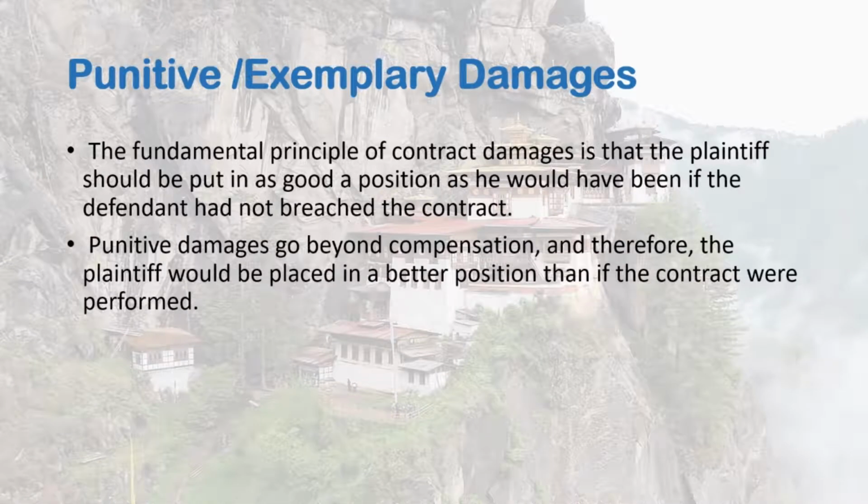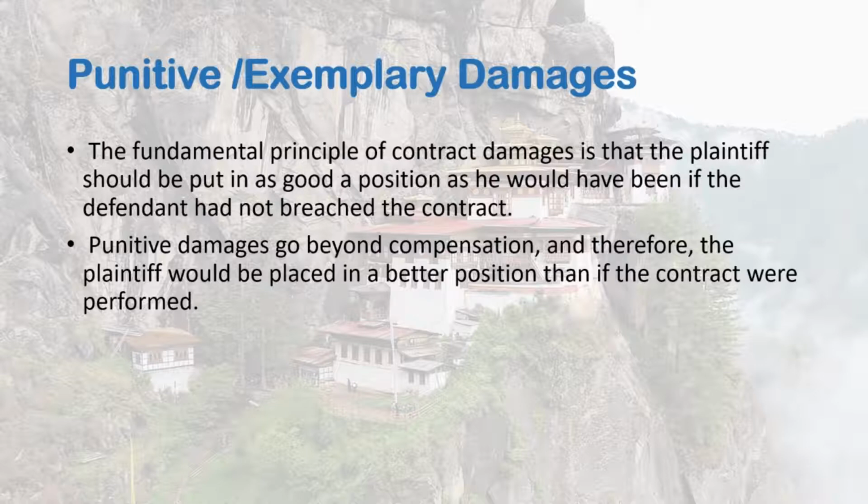The fundamental principle of contract damages is that the plaintiff should be put in as good a position as he would have been if the defendant had not breached the contract. That is the general principle: in a contract, the idea of damages is to put the plaintiff in his original position, or in as good a position as he would have been if the defendant had not breached the contract.